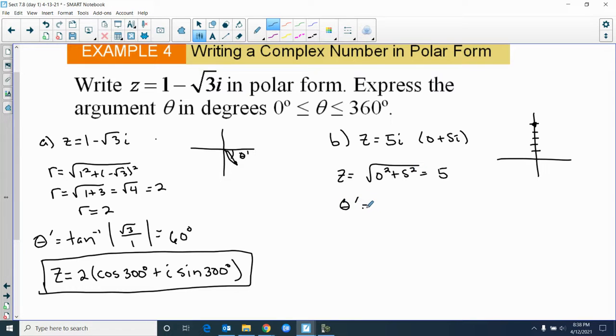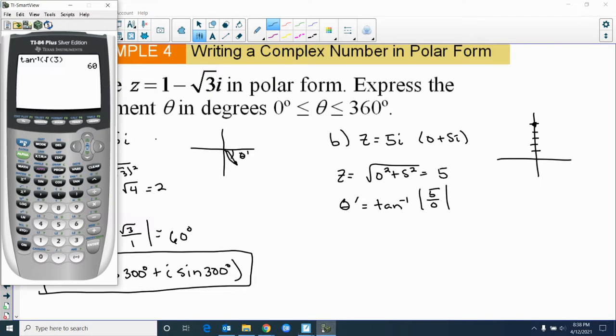If you try to find the reference angle, you're going to do the inverse tangent of 5 over 0. Well, if you try that on the calculator, it's going to give you an error. I can't divide by 0. Well, it does have an angle. It doesn't have a reference angle because that angle right there is going to be 90 degrees.